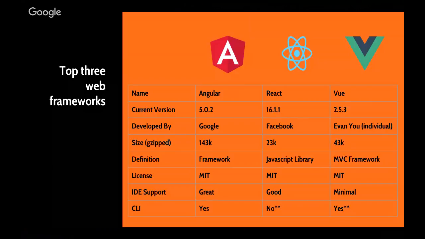But since Vue does break up its different sections pretty well, auto formatting in your IDEs will actually work, so that's pretty cool. And then Angular comes with a really good CLI. It helps you generate components, services, all the different building blocks that create your Angular application. For React, I couldn't really find a really good CLI. There are some starter kits that you can clone and tweak.